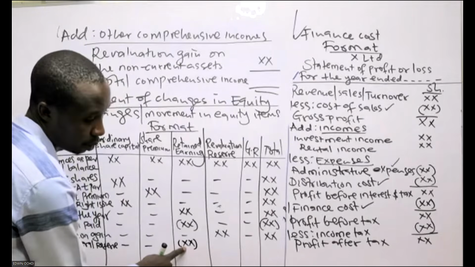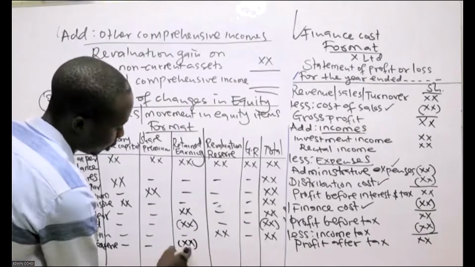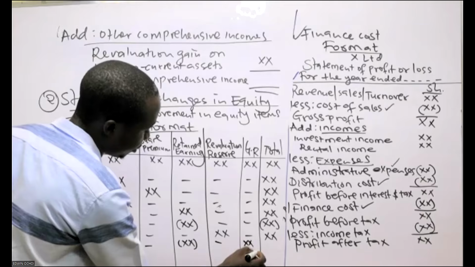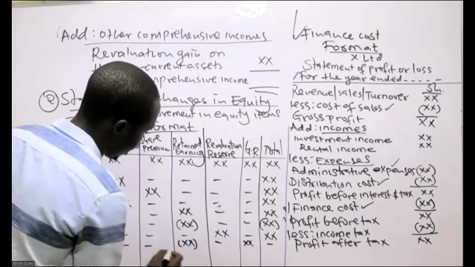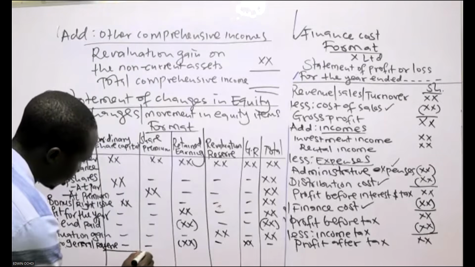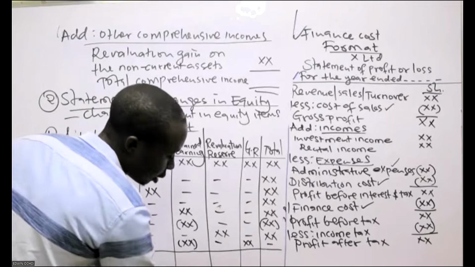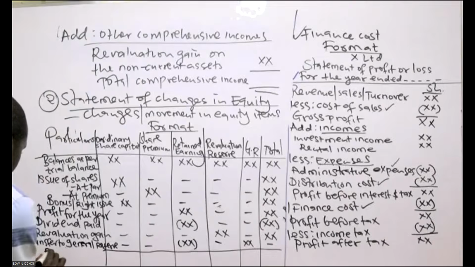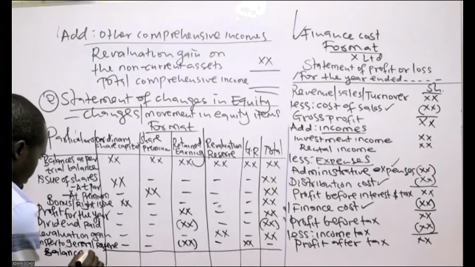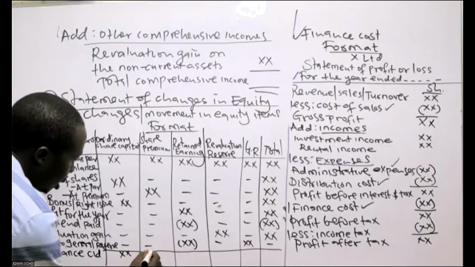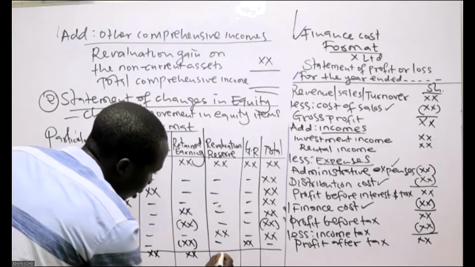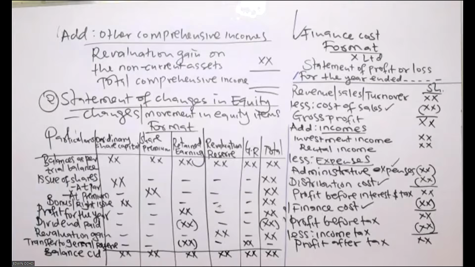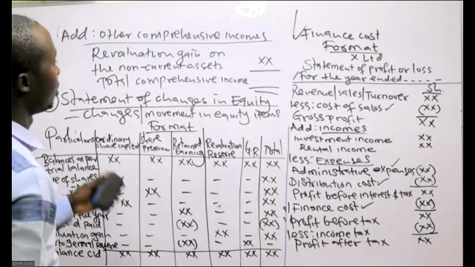So we deduct that amount you are told to be reserved from the retained earnings, and you add it to the general reserve. So this one will be dash. Then down here we'll be having the balance carried down. So that is the format for the statement of changes in equity.